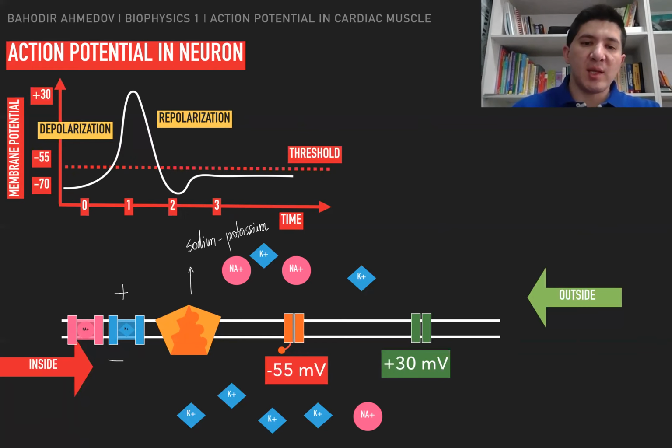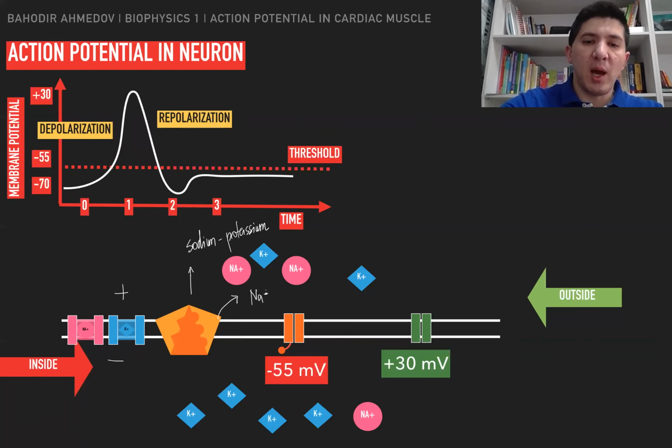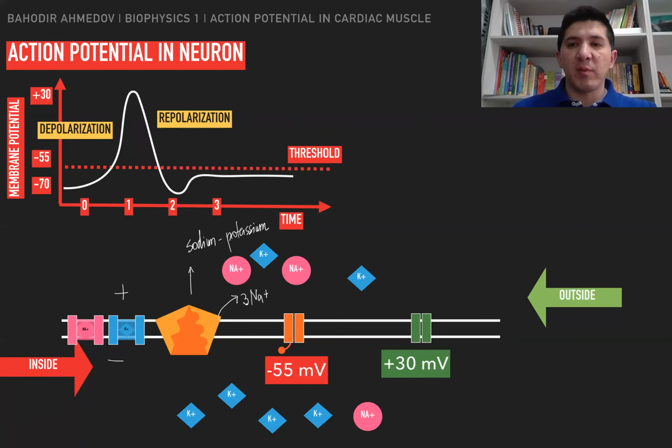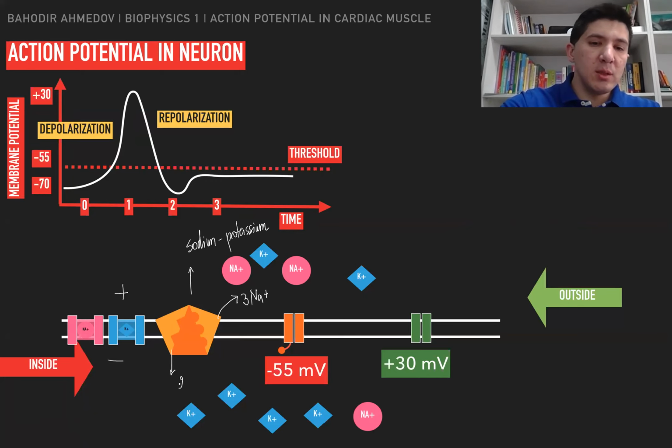The sodium potassium pump basically takes away 3 sodium ions, and every sodium ion has a +1 charge, so 3 sodium ions is +3 charge. It takes out the 3 sodium ions and takes into the cell 2 potassium ions.